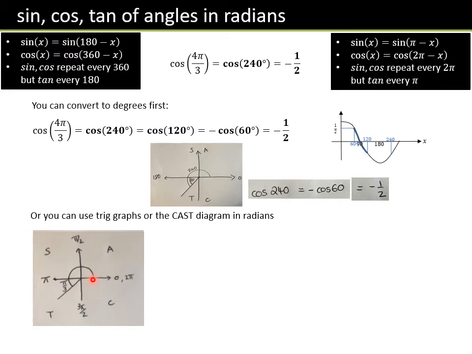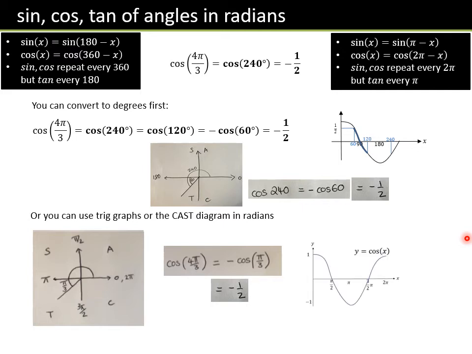And here we can see that cos of 4 pi over 3 must be the same as cos of pi over 3, the acute angle made with the x-axis, and it's negative in that quadrant. Cos of pi over 3, this is where we recognise it as cos 60 or 1/2. I'm going to go straight to the answer there. Equally, you could use the cos graph with your angles in radians there, and it's the same principles as before.